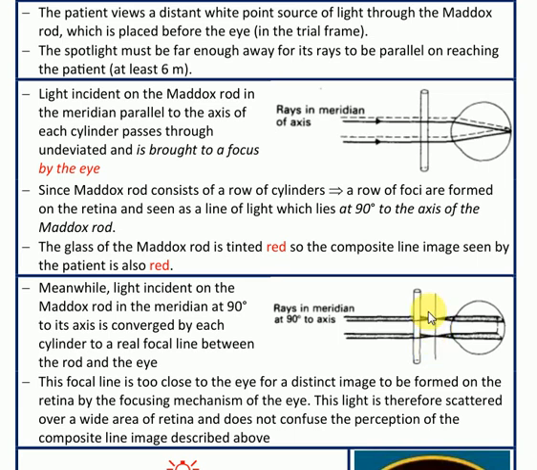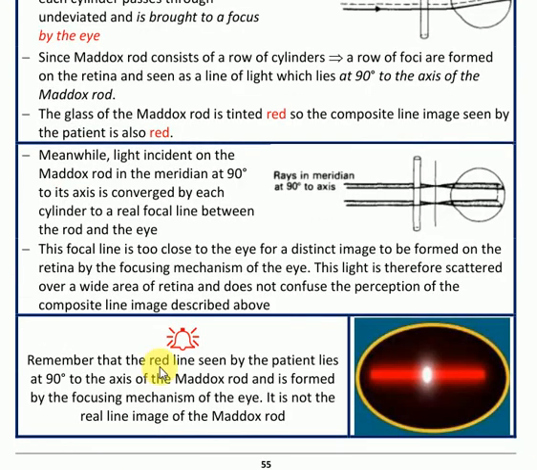So this light is scattered over a wide area of retina and does not confuse the perception of the composite line image. Remember that the red line seen by the patient lies at 90 degrees to the axis of the maddox rod and is formed by the focusing mechanism of the eye. It is not the real line image of the maddox rod.